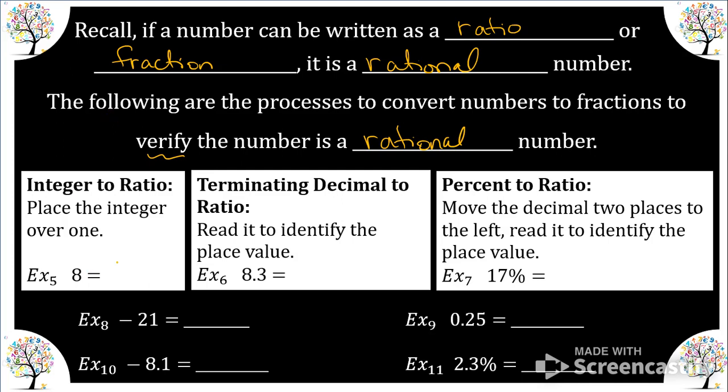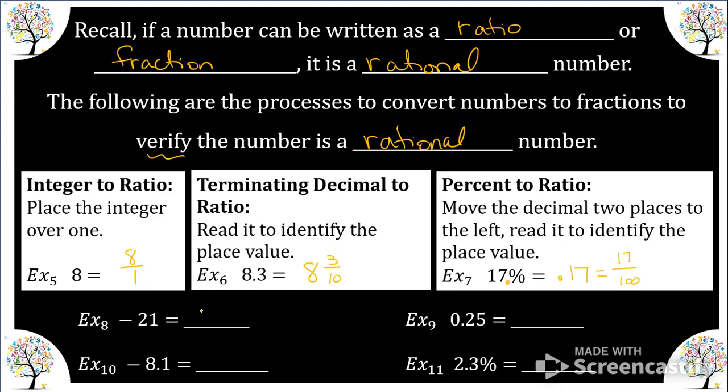So when we have an integer, we just place that integer over 1, showing that it is a rational number. When we have a terminating decimal, we can just read it, 8 and 3/10. It's in the tenths, the 3 is in the tenth space. Then a percentage, we simply move the decimal, it's understood to be at the end, we move it over 2 places to the left, and then we convert that by saying 17 hundredths. Here we have a ratio, a fraction.